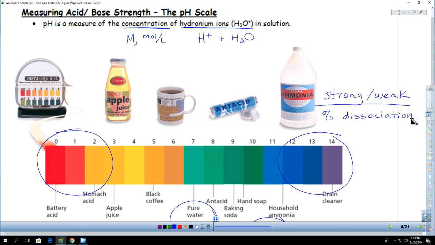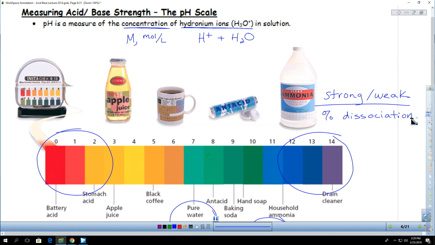I don't like using that word strong. It's mildly acidic. It's got hydrogen, but if the concentration is really small, maybe like 0.000-something molarity, well, it might dissociate 100%, but I'm not going to get a lot of hydrogen because the concentration is small. And the same thing could be said about a base. You could have a weak base, but its pH could be like 13 or 14.